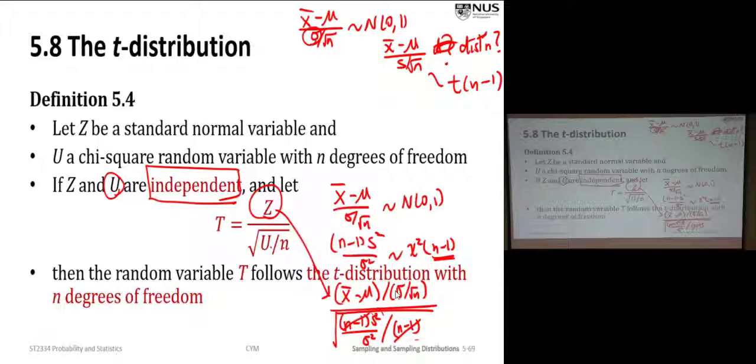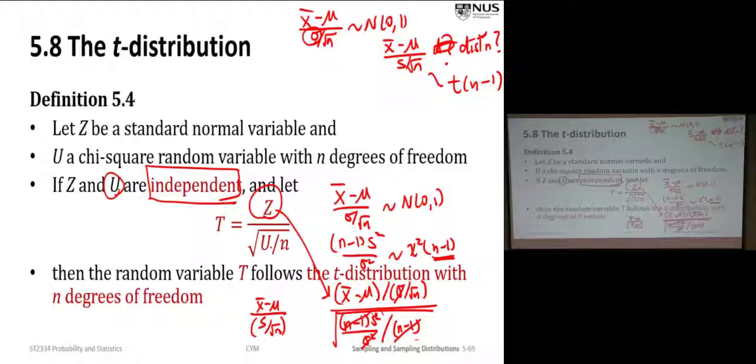The numerator is divided by sigma, the denominator is divided by sigma, so the sigmas cancel out. So what do we have? We have x bar minus mu over s over root n. And what is the distribution of this one? It's a T distribution. What are its degrees of freedom? n minus 1 degrees of freedom.